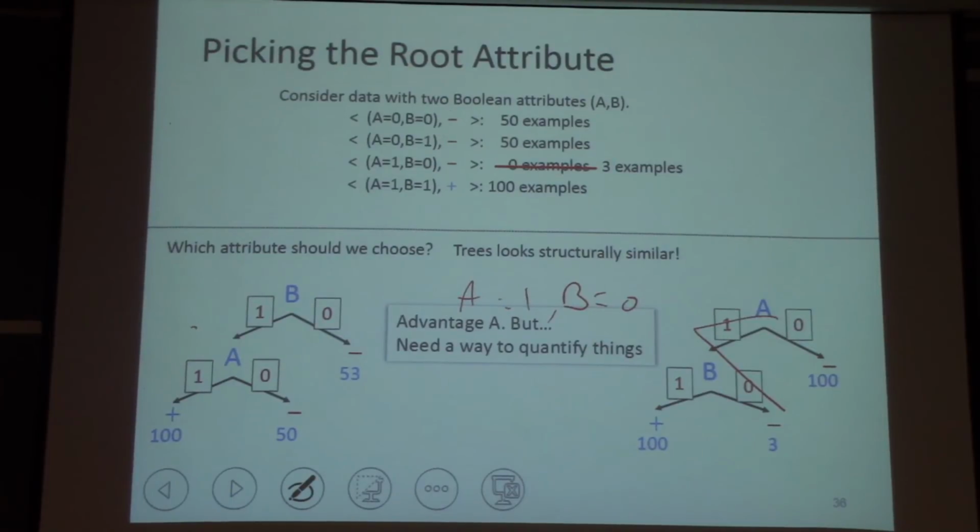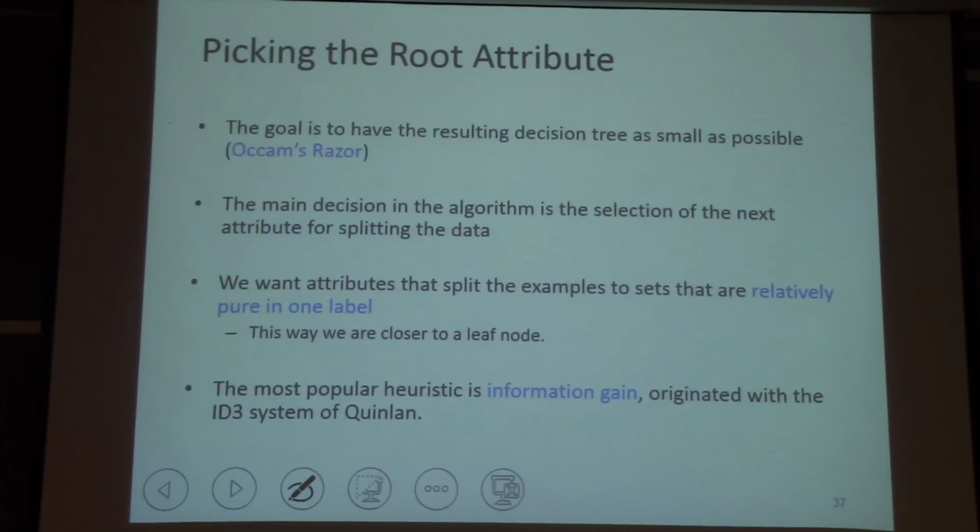But this is just an intuition. There is a more formal way of quantifying this intuition, and that's really the way in which we'll pick the node. Just to remind you, the goal is to have as small a decision tree as possible.